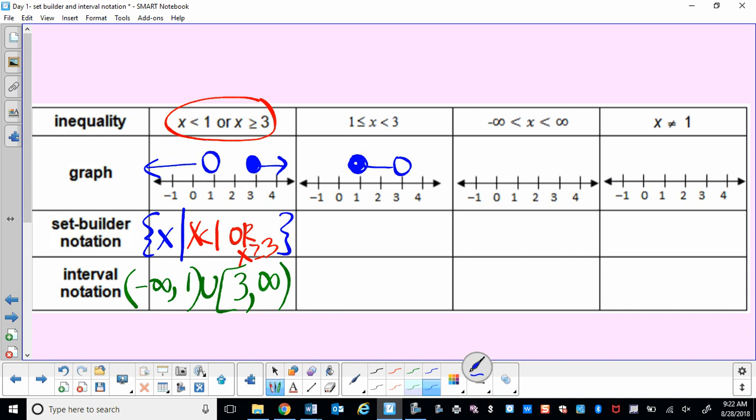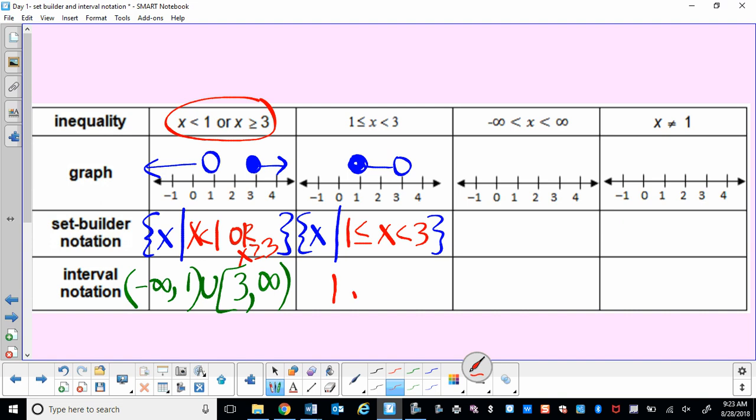All right, my set builder notation. Braces, x line. In the middle, I'm just copying my inequality. Interval notation. My graph is starting where?